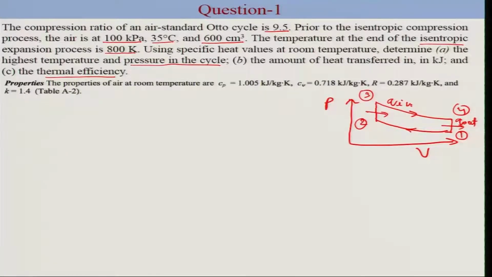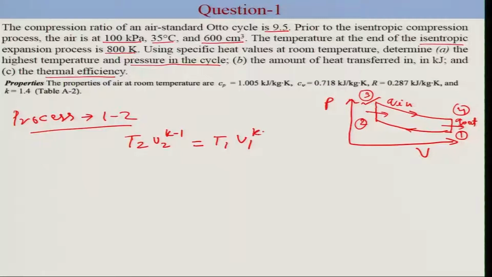Now, we have to find the highest temperature and pressure in the cycle, which corresponds to state 3. Starting from the process 1 to 2, since it is an isentropic compression, T2 V2 to the power k minus 1 equals T1 V1 to the power k minus 1.